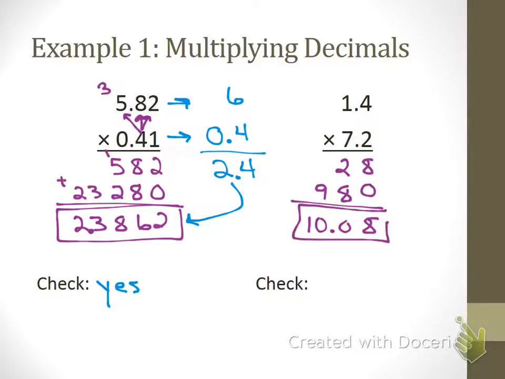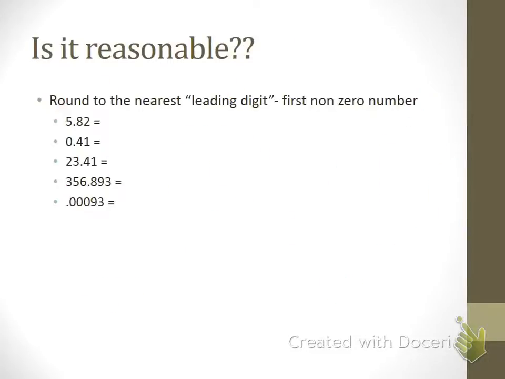Leading digit, rounding: 1.4 to 1, 7.2 to 7. What's 1 times 7? 7. And 7's pretty close to 10. If you had gotten 70 and your answer was 10, then there's a problem there. If you're within a couple, most likely you are correct. So just solving and checking to see if it's reasonable.